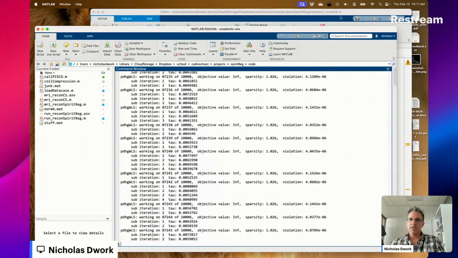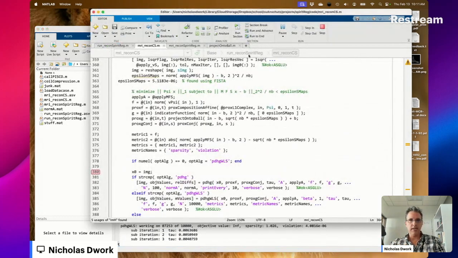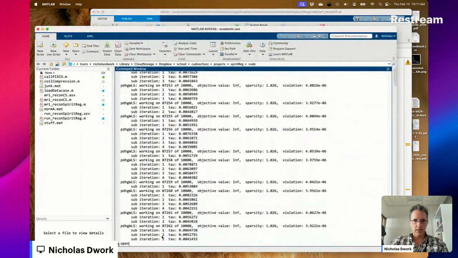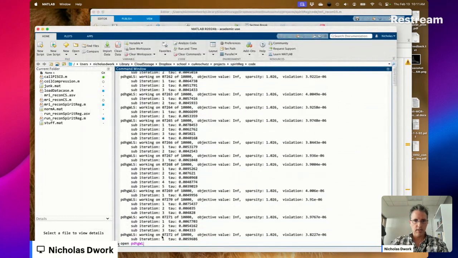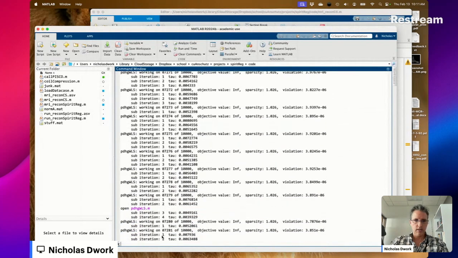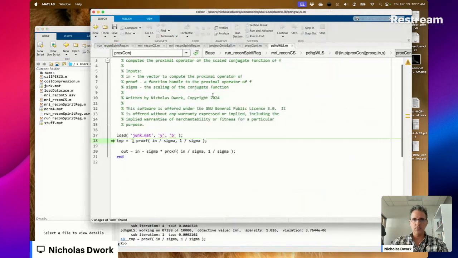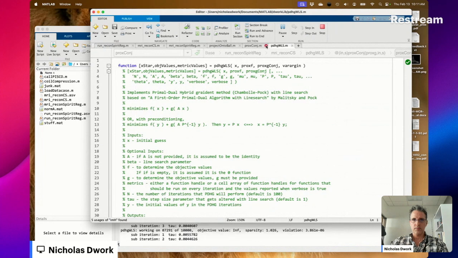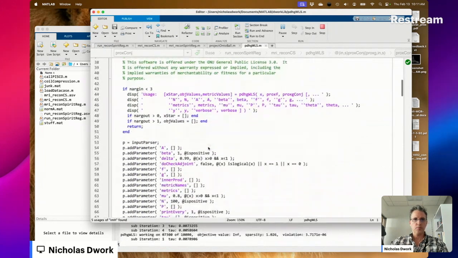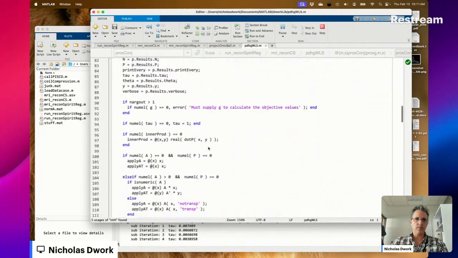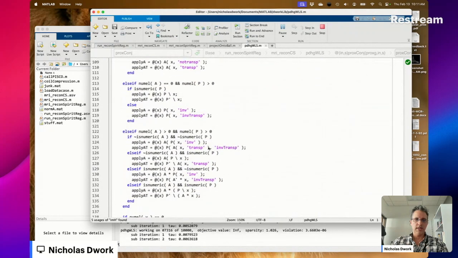The only preconditioner I have right now in PDHG with line search is diagonal, I think.